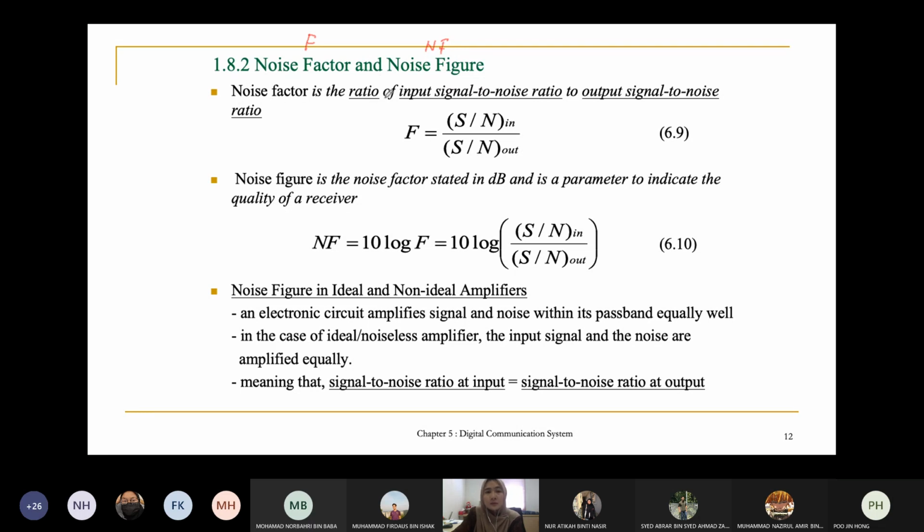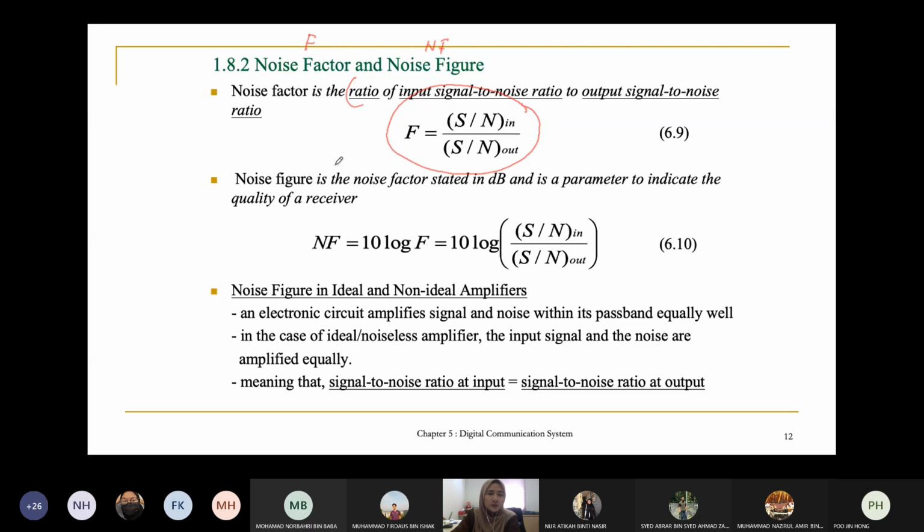Noise factor is the ratio of input signal to noise ratio to output signal to noise ratio. So this is the formula you need to remember. Noise factor is input signal to noise ratio divided by output signal to noise ratio. Okay, and you will get the noise factor.